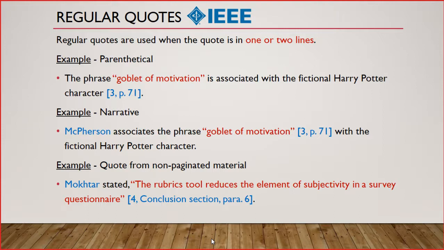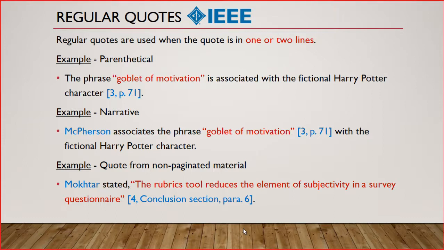Now at the end of that, let's say for Mokhtar, this is reference number 4. So we have square bracket 4, comma, conclusion section. Let's say we take this from the conclusion section, comma, para. 6. This is paragraph 6.